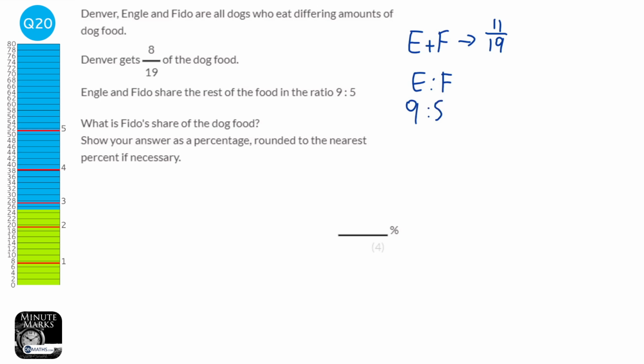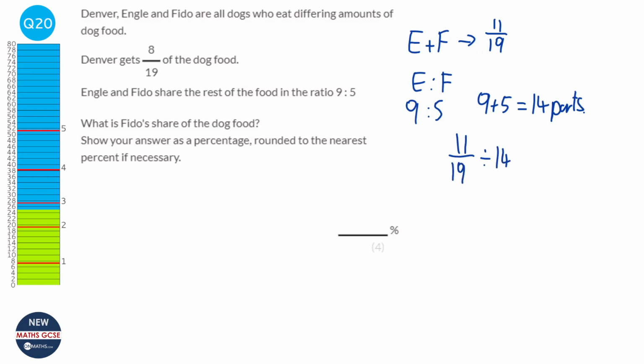And let's have a look and see, well, first of all, how many parts there are all together. So 9 plus 5, which is 14 parts. So there are 14 parts in total, and the share that they get is 11/19. So what I'm going to do is to find out what fraction one of those parts is worth by dividing 11/19 by 14.